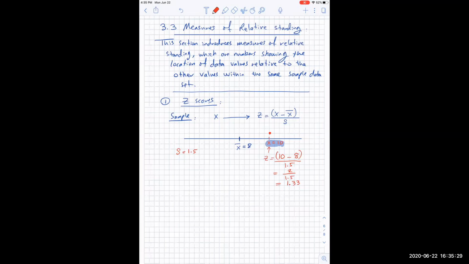Now, this is another statistical rule. If you are finding the z-score of a data value, you always round the z-score to 2 decimal places. 1.33.